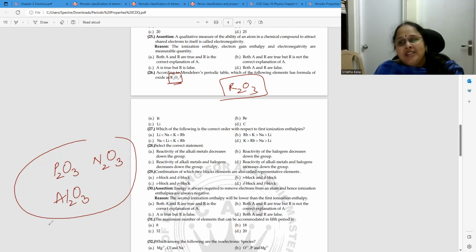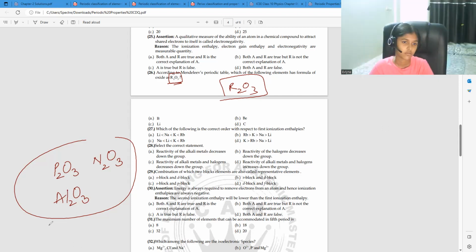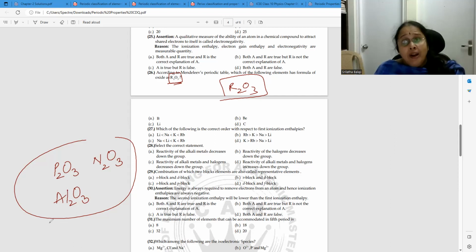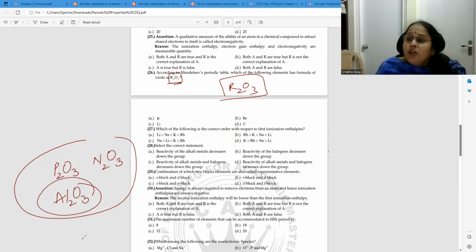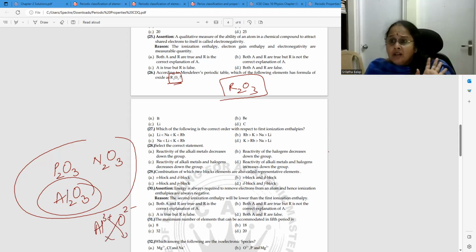Anything else? What's the valency of the element R? How do I deduce the valency? How did I get the formula Al2O3? We know aluminium is 3 plus, oxygen is 2 minus. You cross the valencies, right? I believe you all would have learned it.